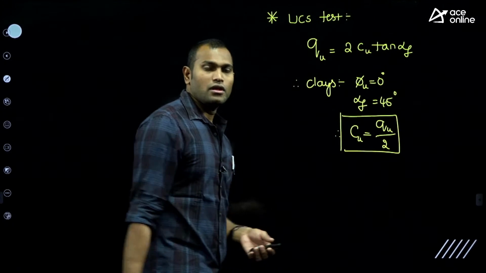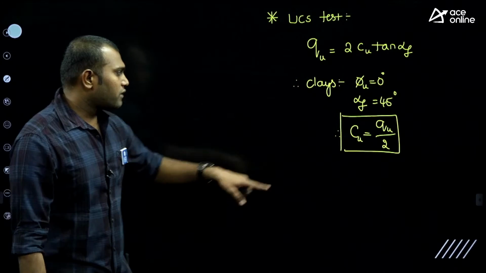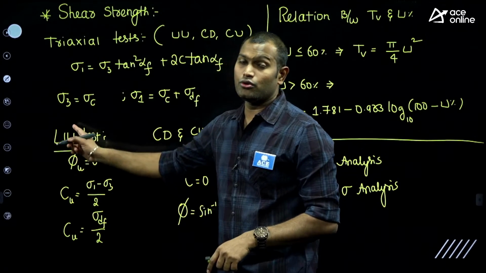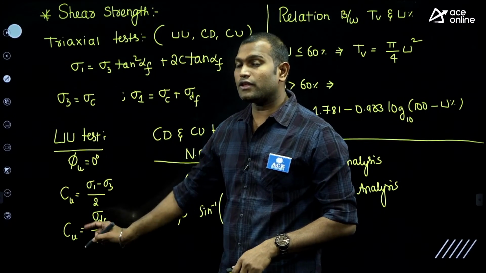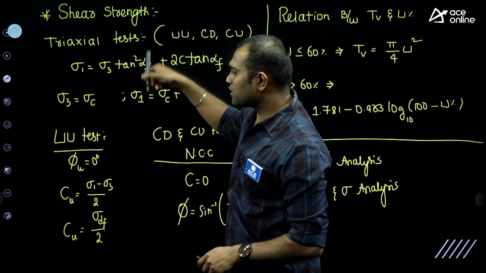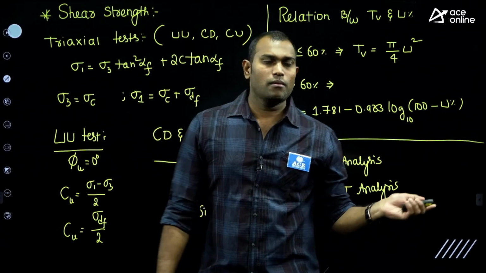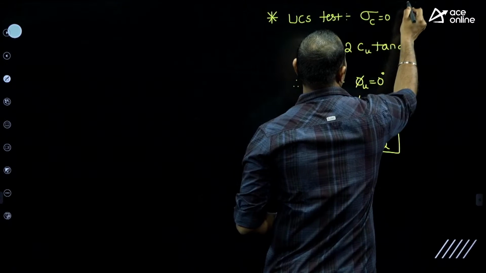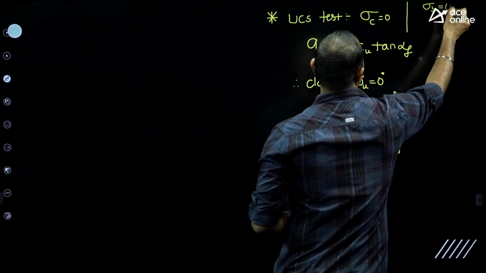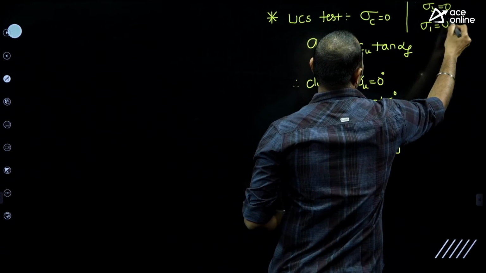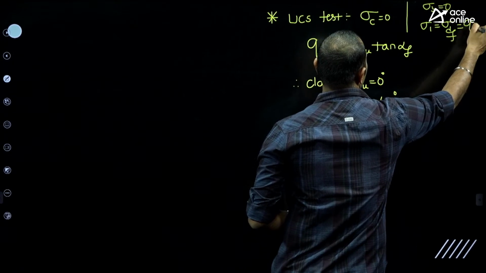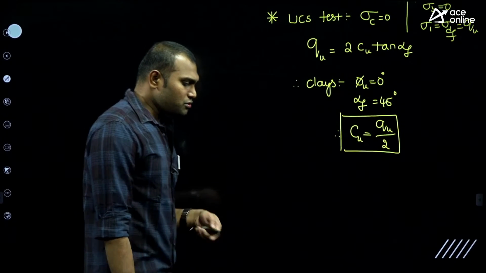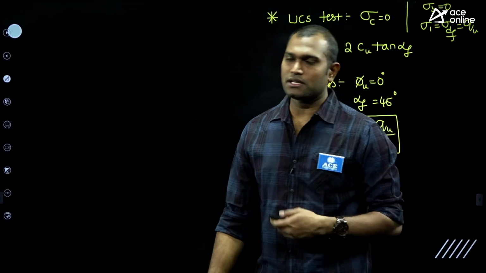The logic is that the Cu in the UCS test is the same as the Cu in the UU test: half of the deviatoric stress. Here the deviatoric stress is the additional stress. But in the UCS test, there is no cell pressure, which means sigma 3 is 0. Sigma 1 is sigma df, which is nothing but the unconfined compressive strength. So from these two tests only, lots and lots of questions have been asked.